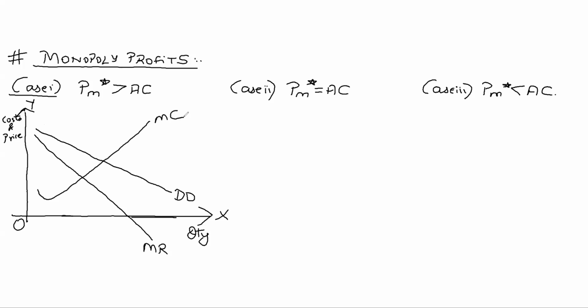Okay. Monopolist is producing where MR is equal to MC and charges a price given by the demand curve. Now suppose the price charged by the monopolist is more than the average cost. Suppose my average cost is somewhere here. Suppose this is my average cost.